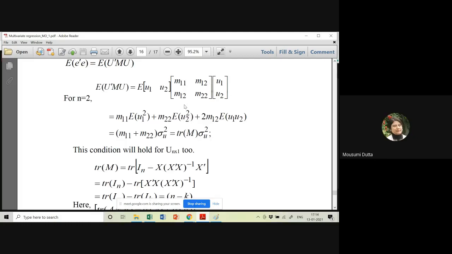Earlier also, I mentioned that in a symmetric matrix, since M21 is equal to M12, I'm replacing it by M12. Okay, ma'am. So what I am telling is that this condition, that the expectation of u prime Mu is equal to trace M into the constant variance, will hold for the error vector of order n by 1.